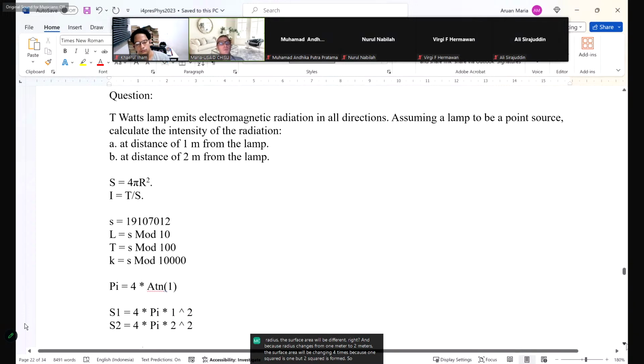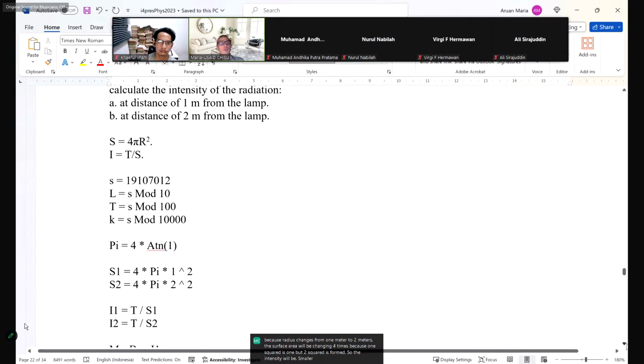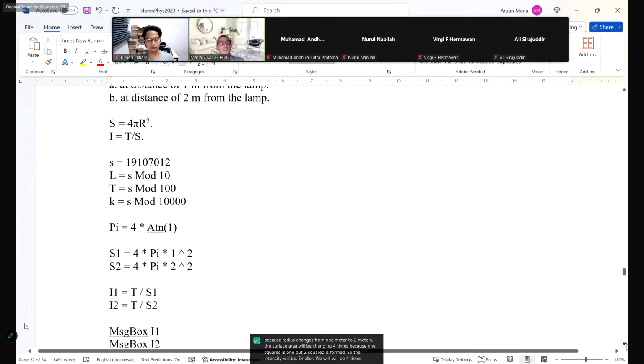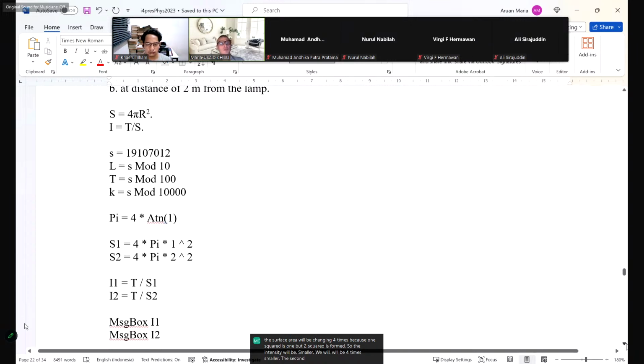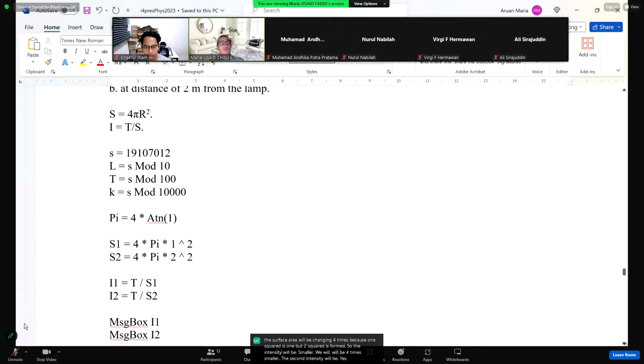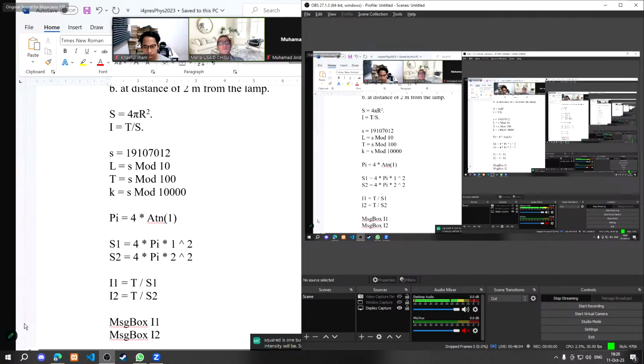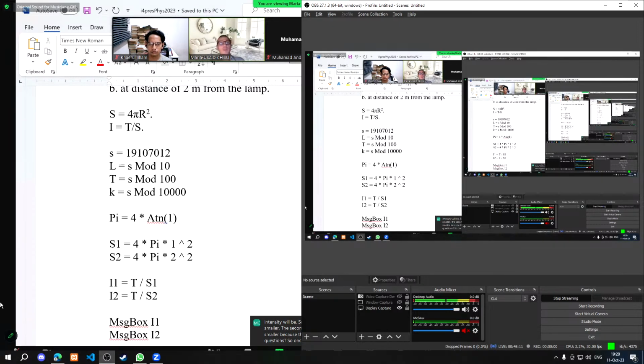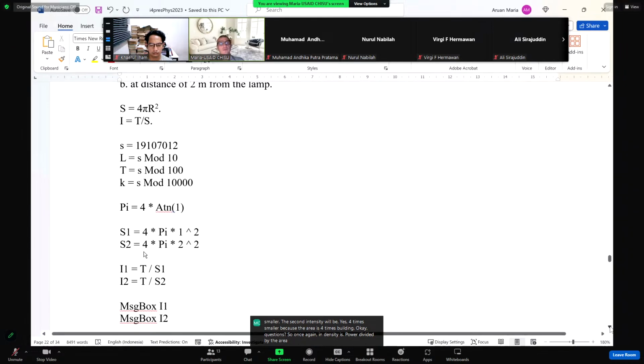So the intensity will be 4 times smaller, because the area is 4 times bigger. Okay, questions? So once again, intensity is power divided by the area.